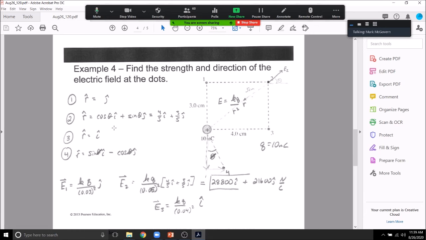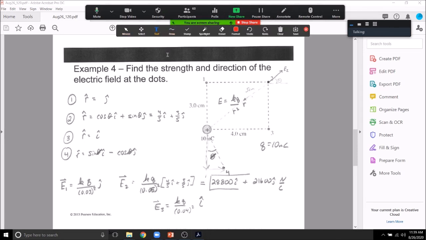All right, so now here is the most tricky thing about this, the R hat. Now, we've got a positive source charge here, so I'm going to draw in with an arrow what the electric field is going to look like.